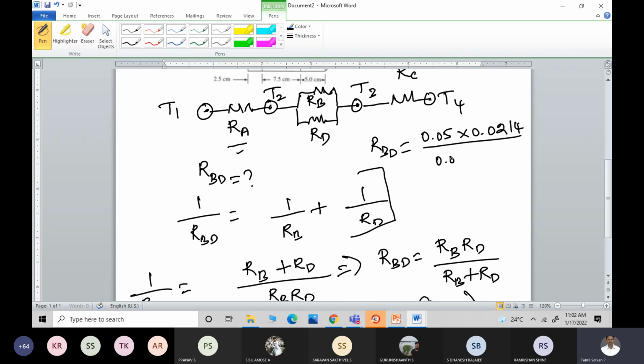Am I correct? Yes, sir. So how much does it come to? Approximately, rounded to 0.015. Again, the unit is Kelvin by watt. Am I correct? Yes, sir.